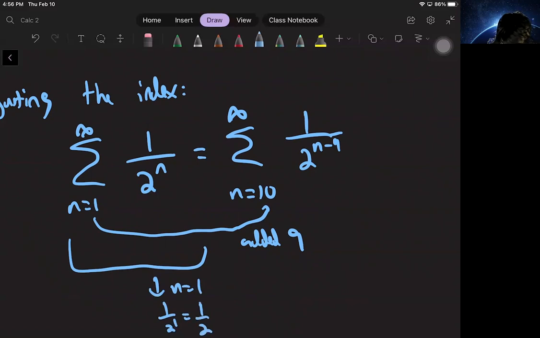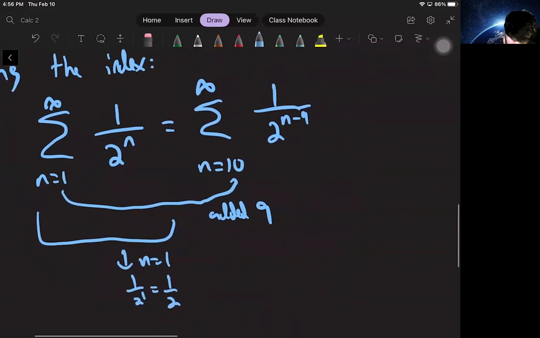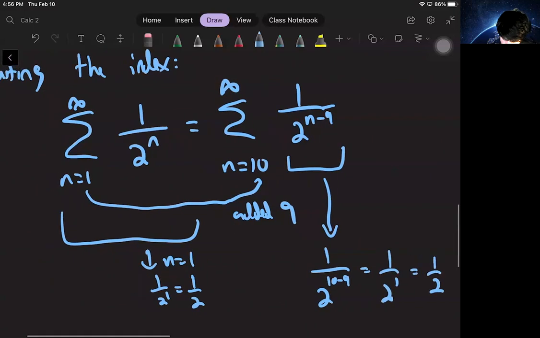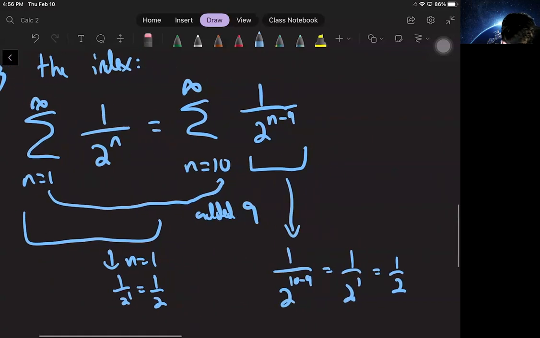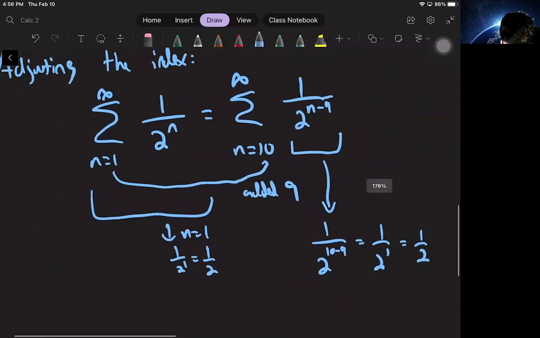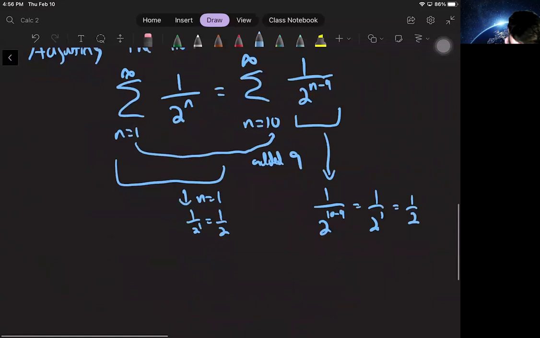So that's the first thing in the sum. So if these are to be the same, this better be the same starting thing. And it is, because if I plug in 10 here, I get 1 over 2 to the 1 still. So yeah, they start at the same place. So that's the adjustment. So whatever you add, you have to subtract, and vice versa.